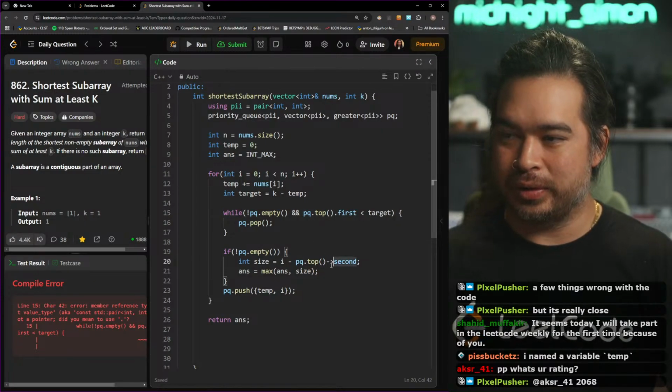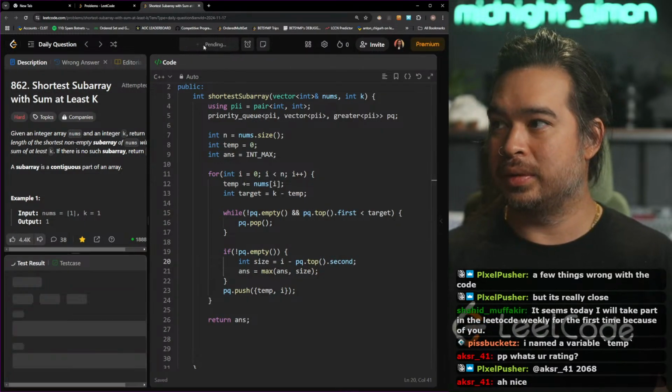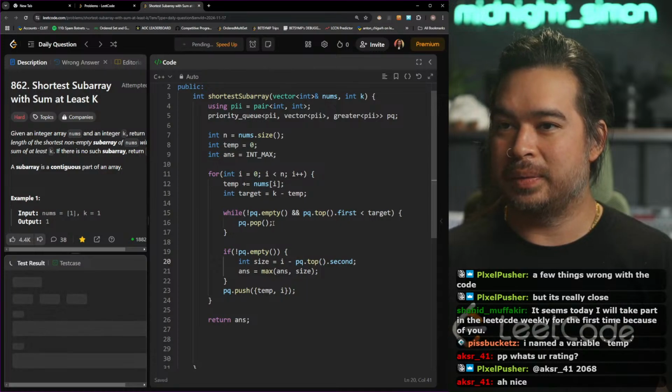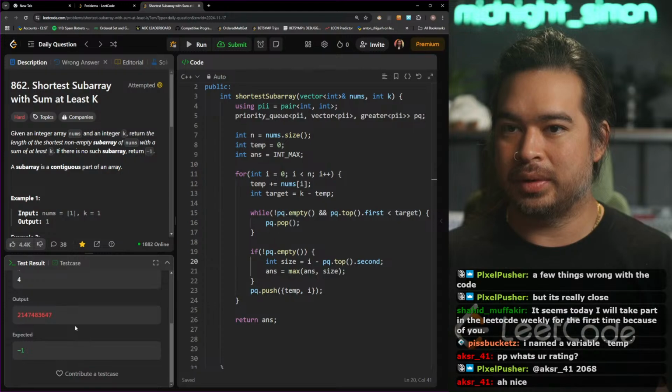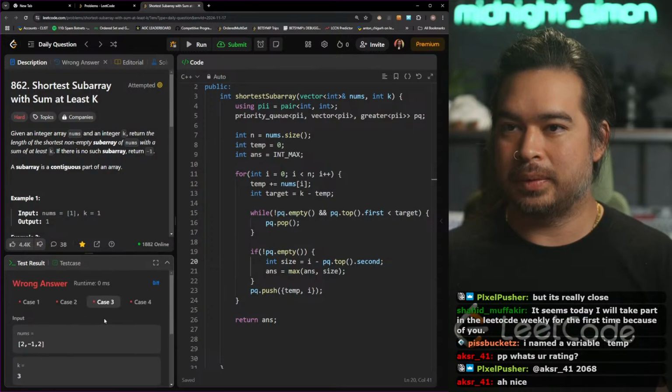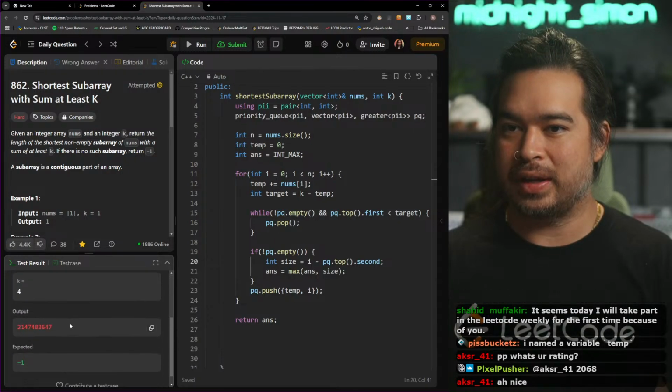I don't know why I'm using those arrows. Alright, everything is wrong here, because it doesn't even find anything.